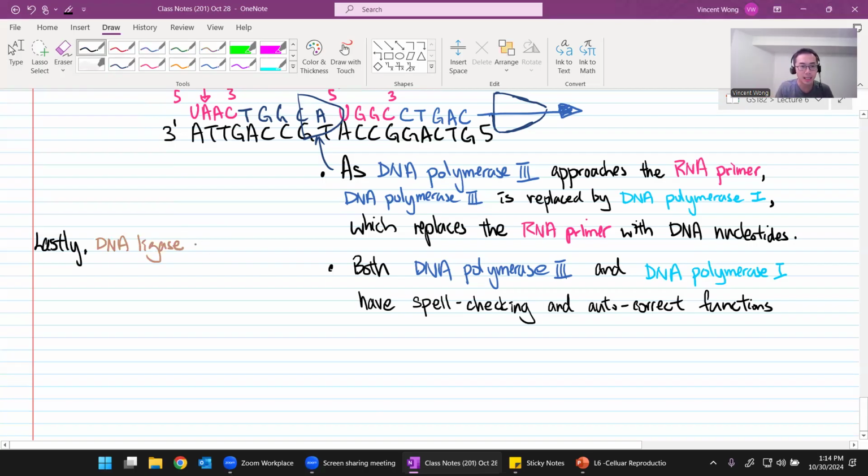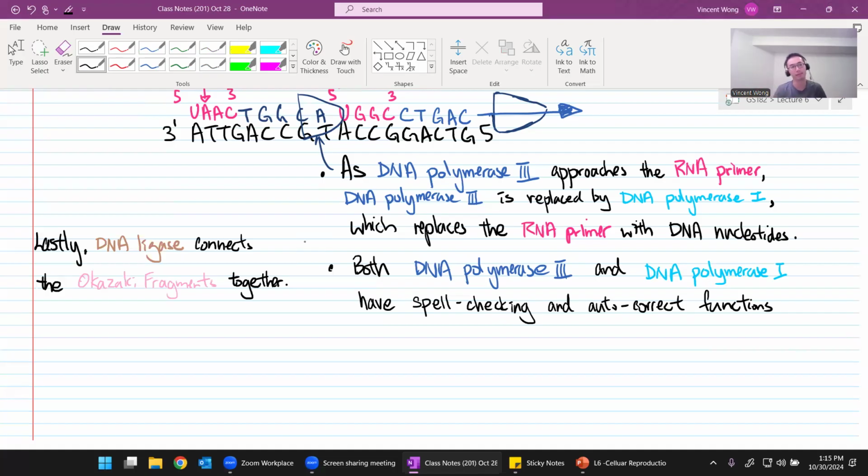So DNA ligase connects the Okazaki fragments together. Yeah, and the process is done. Understanding this process, like doing research to figure it out, took like decades of work. But ultimately, that's what happens in prokaryotes.